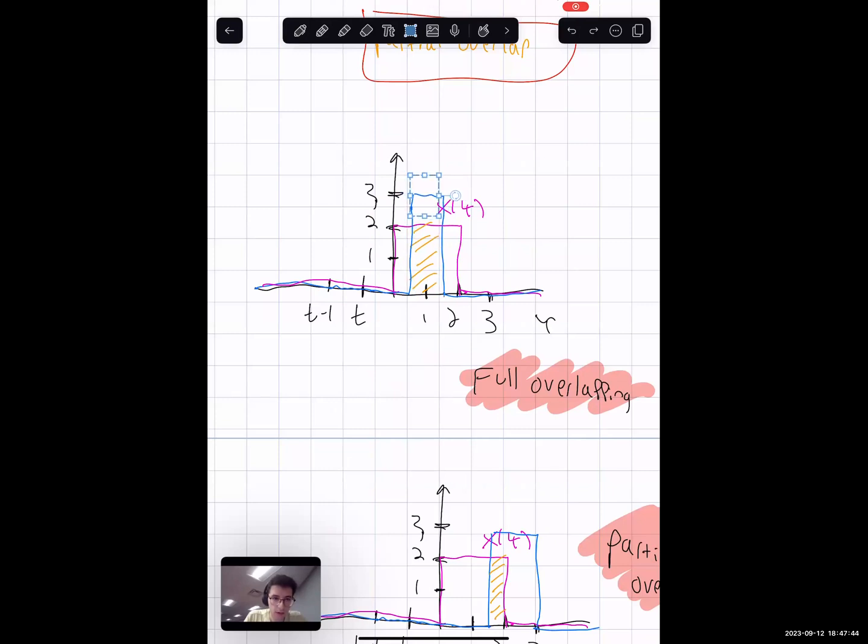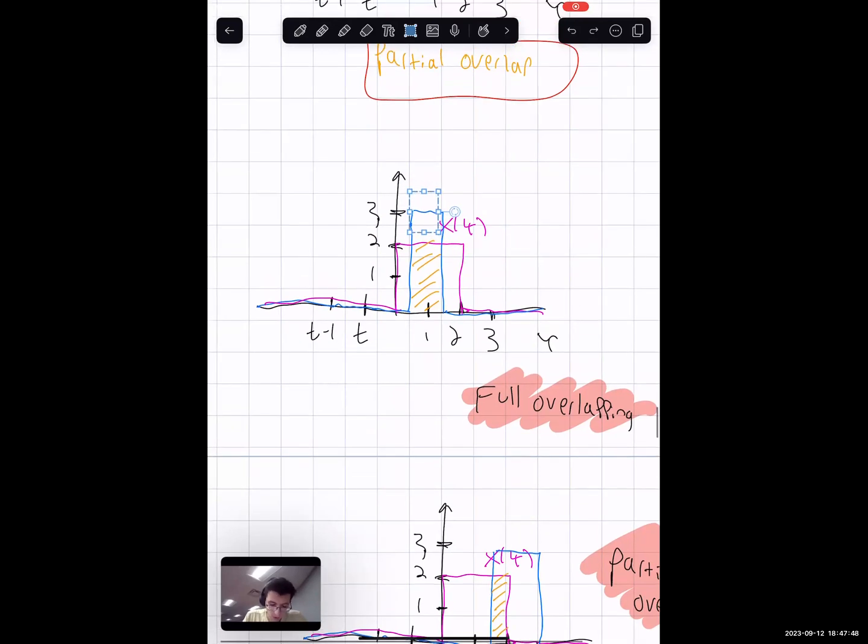So we can't really have a constant here. As long as it's within the range of the signal, it'll definitely be fully overlapping, and we just have to ensure that the width is always 1. So that's why we have t and t minus 1. As long as we're in that time range and our width is 1, we're all good.